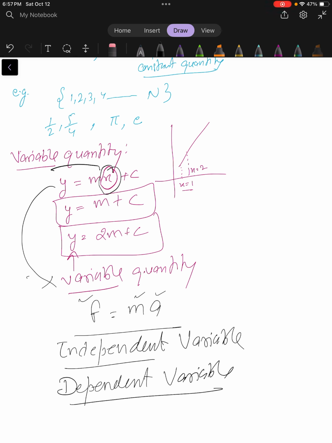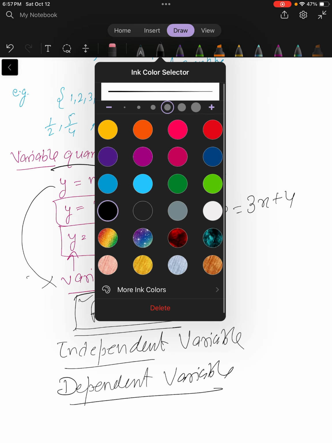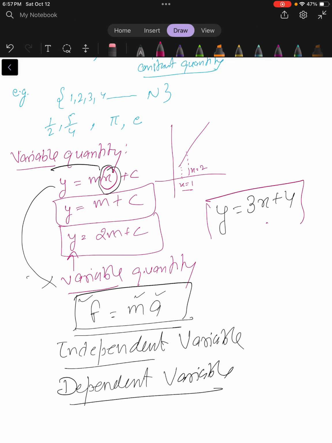So what is an independent variable? If we say force equals mass times acceleration, or if I just write the equation y = 3x + 4, let's take this equation as an example. What are the independent and dependent variables?